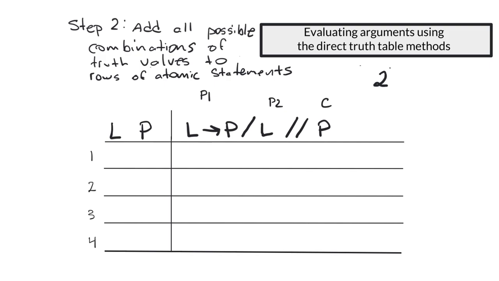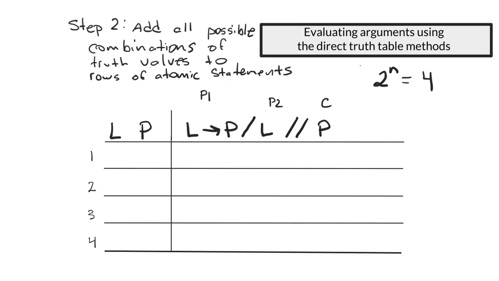N stands for the number of atomic sentences, so we have 2 here. So the number of rows is going to be 4. N gives you the number of rows that you need for the truth table.